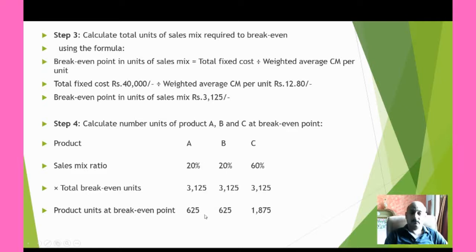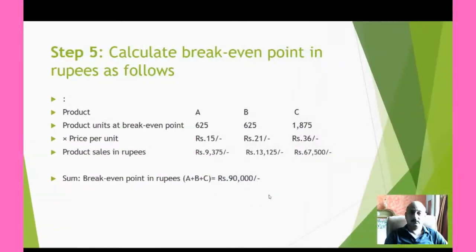We multiply it by the price per unit, that is rupees 15 for product A, rupees 21 for product B, and rupees 36 for product C. So product sales in rupees is 9,375 for product A, 13,125 for product B, and 67,500 for product C, and the sum is the break even point in rupees overall, rupees 90,000, when we add all three products A plus B plus C. Then break even point equals fixed cost divided by weighted average contribution.